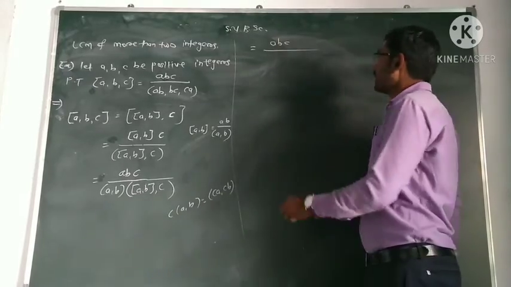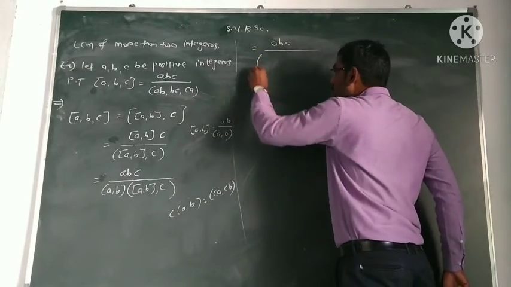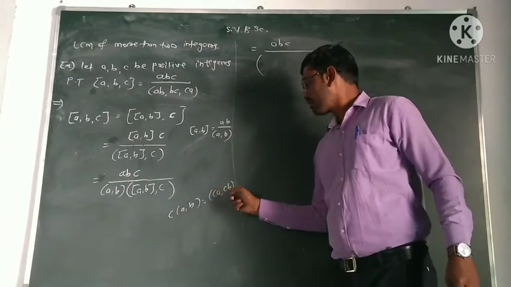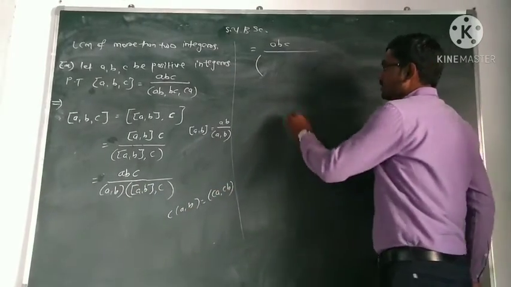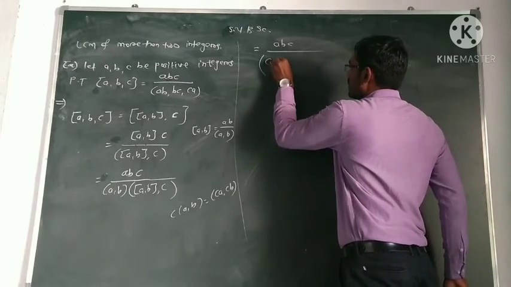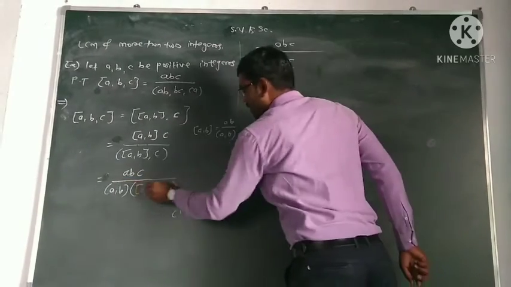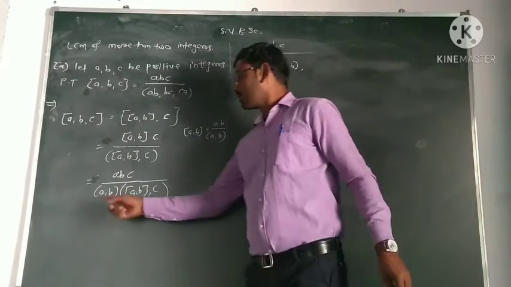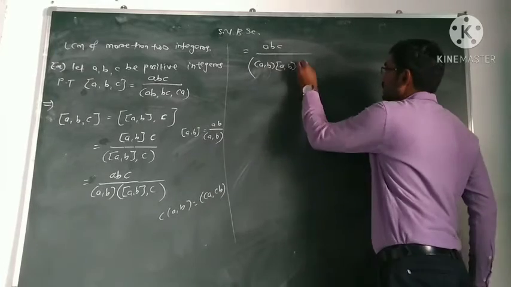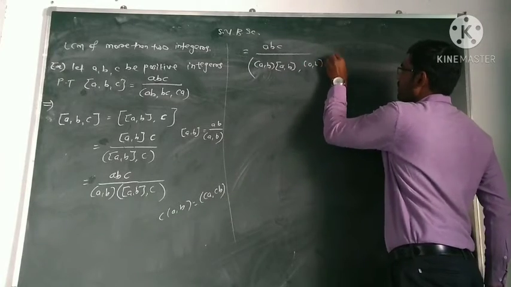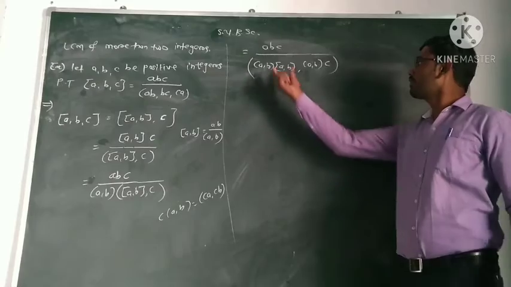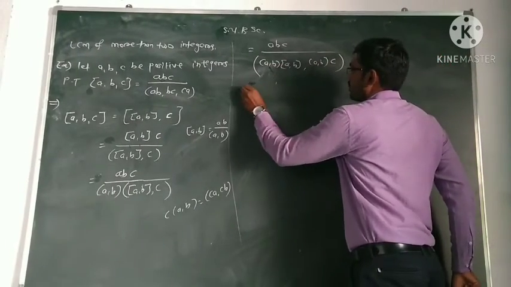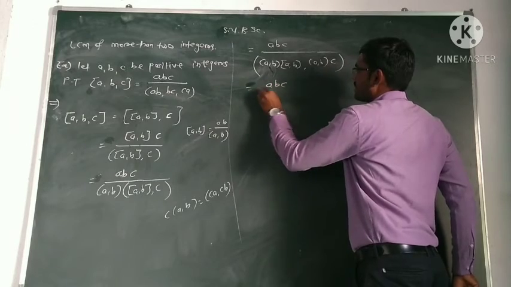So this is equal to ABC upon the GCD of, multiplying this with this and this with this, CA, CB, and the GCD of AB with C. This is equal to A into B into C as it is.